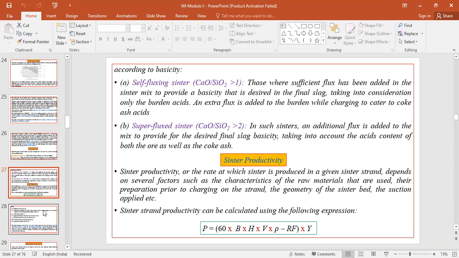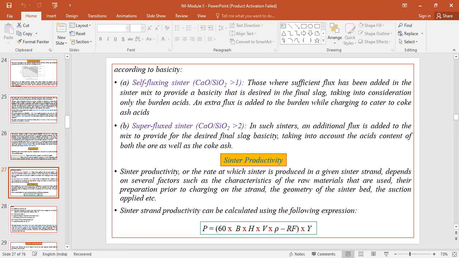Similarly, here also in the sintering process, there are various factors which contribute to the productivity of the sinter machine, like the raw materials, quality of the raw material, the charge preparation, what we are doing before we subject the mix onto the sinter strand, the geometry of the sinter bed. The most important thing is the flow of gases along the thickness of the bed.